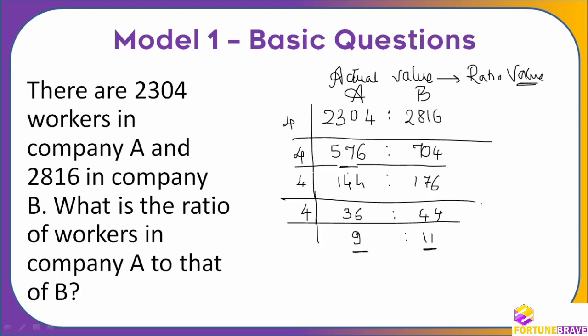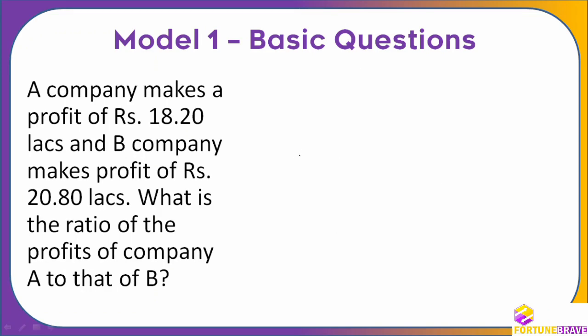This is not necessary for us, we just divided it and found out. So this is how you will find out. You go on dividing till you get the co-prime numbers, which we discussed earlier. If you find the HCF, you are done. In this case, you only have to find out 9 is to 11. That is the ratio of A is to B.